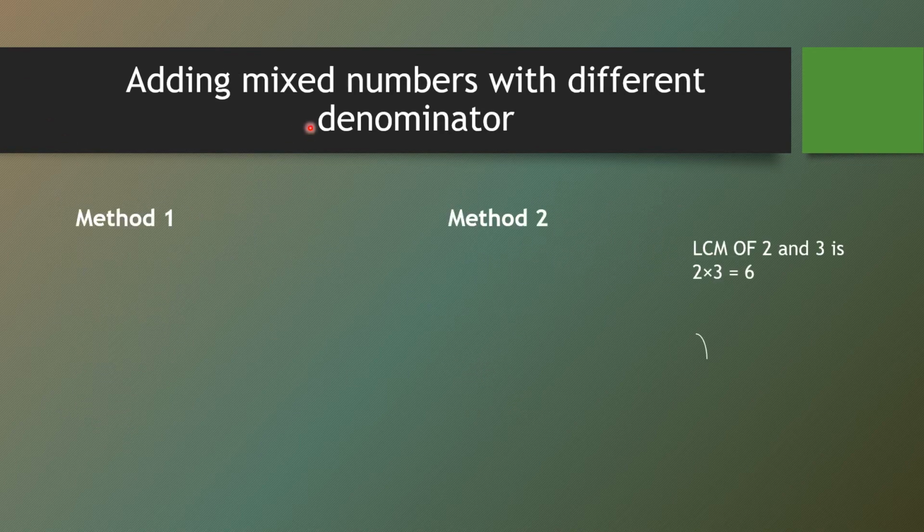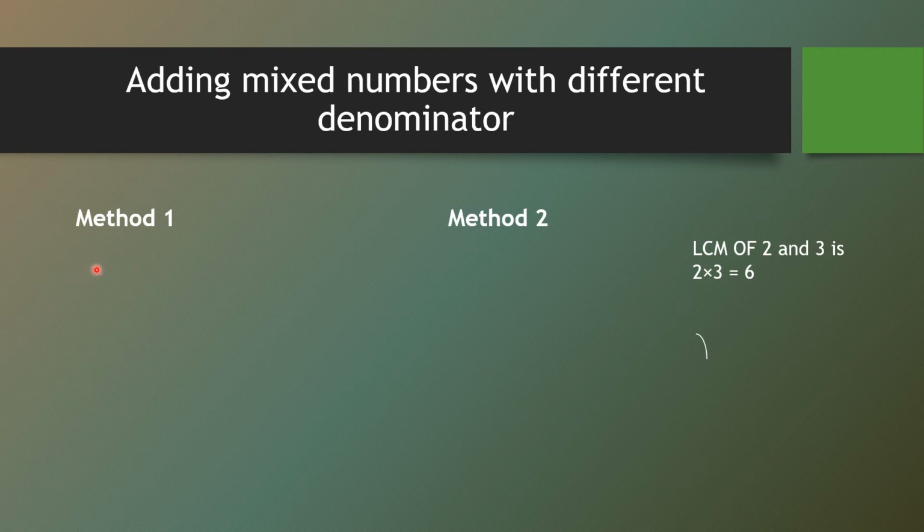Next is adding mixed numbers with different denominators. Here also we can use method 1 and method 2. This first question I'm going to solve with both the methods so that you can understand both methods and you can use any method according to you.